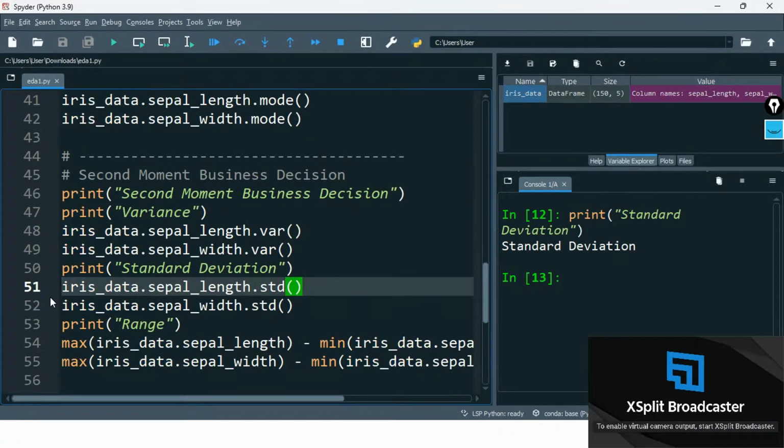Now let us calculate standard deviation of sepal length. The syntax is the same: data frame object dot column name dot std. Since it is a function, we are supposed to pass parentheses.